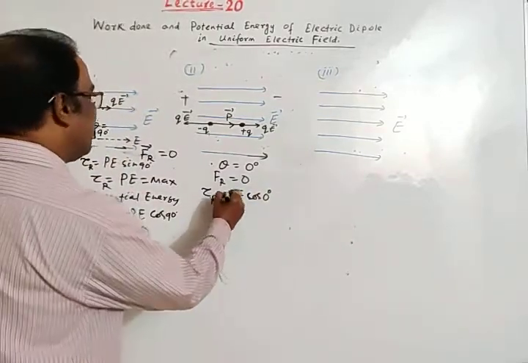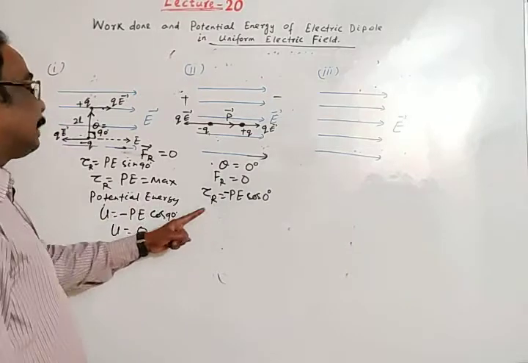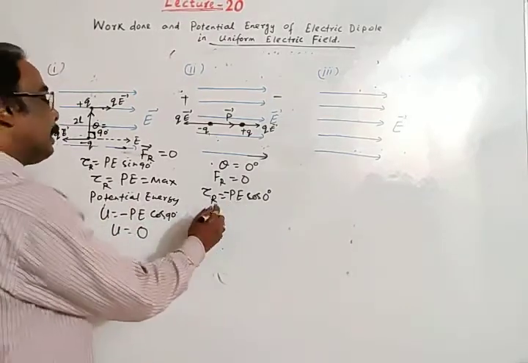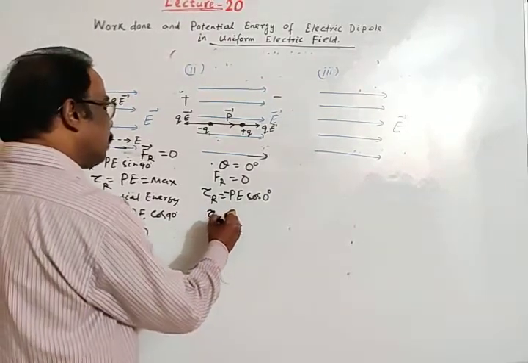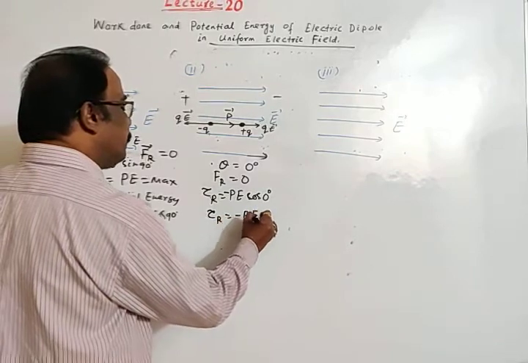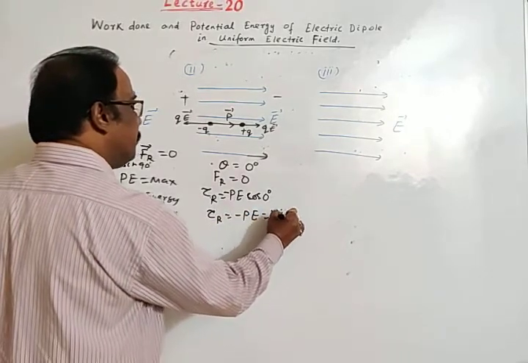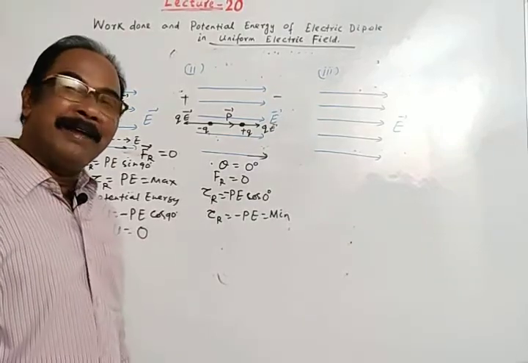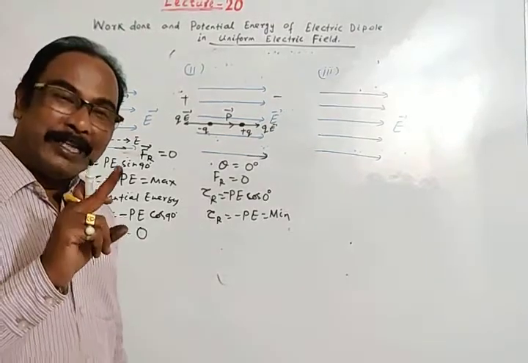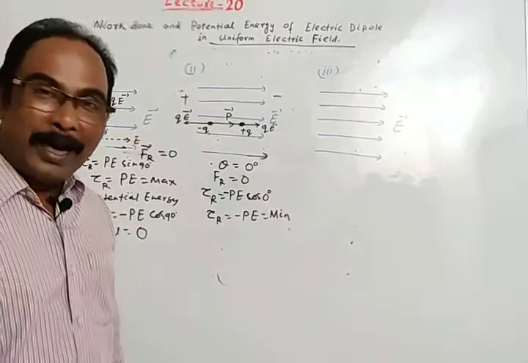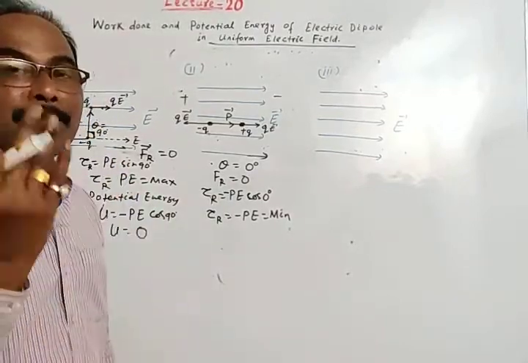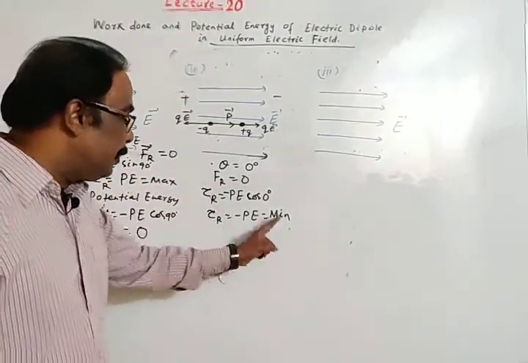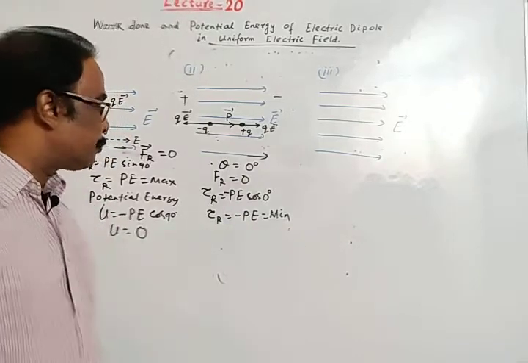Potential energy is minus PE cos theta, theta is 0 degrees. The dot product of vector A and vector B is minimum when theta is 180 degrees, meaning minus AB is minimum.